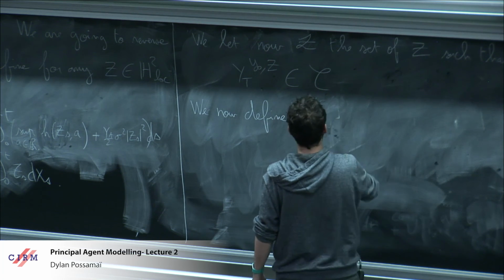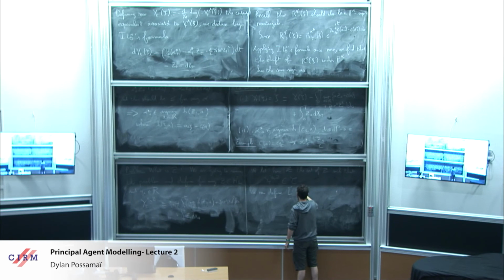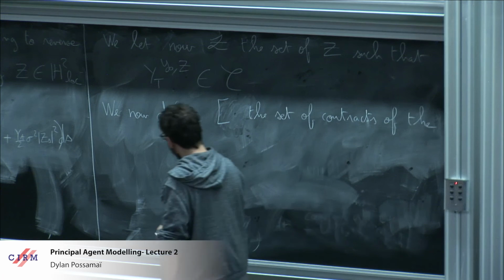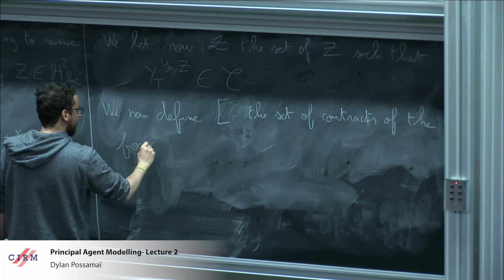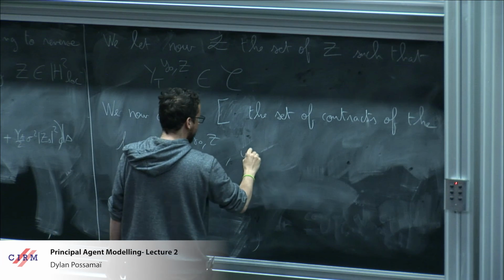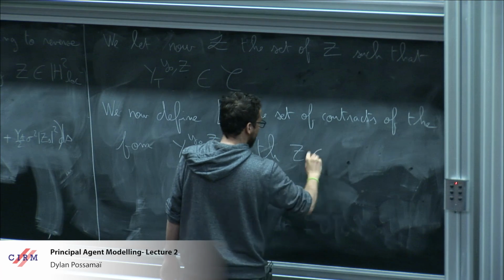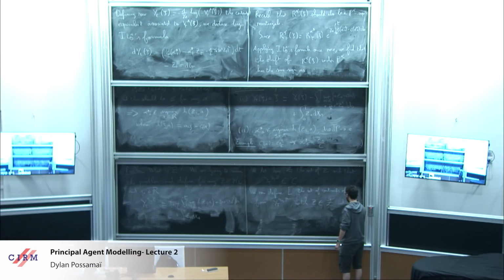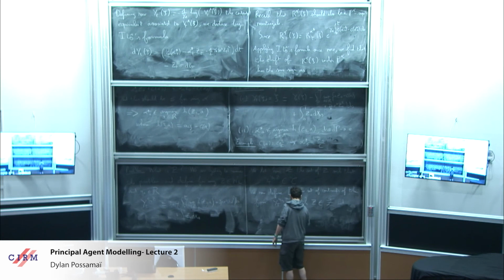So this C, this is the set of contracts of the form Y_T^{y0,z} with z here and y0 greater than this here.